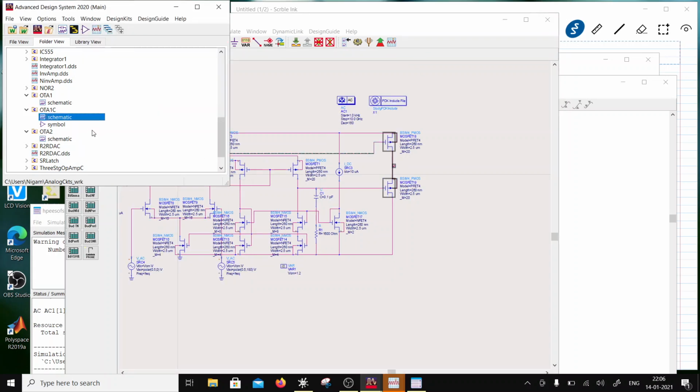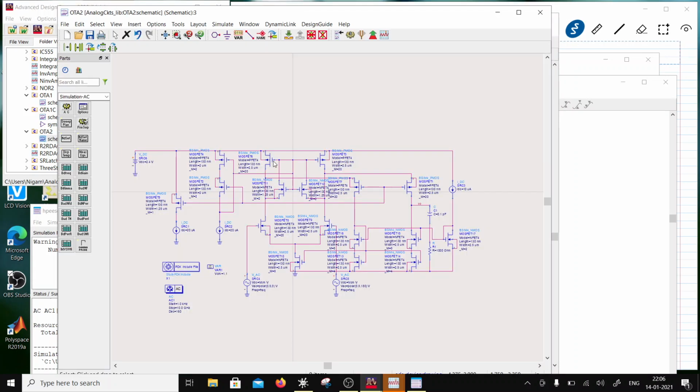Now same treatment I can give to OTA2. So in case of OTA2, I'm going to copy the same stuff, right? So let me just copy that over here, and then I'm going to just repeat that, okay, over here, and this is going to be the output source follower.